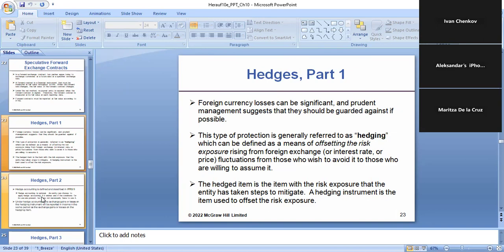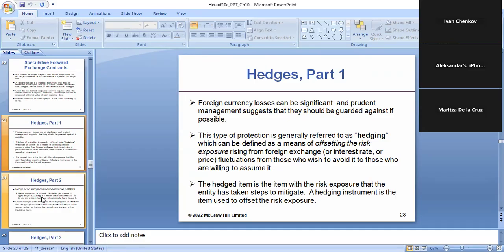Hedge item is the item with the risk exposure that the entity has taken steps to mitigate. So if the US dollar is the one that's going to fluctuate, and the US dollar is the one we want to offset the risk exposure of, then the US dollar will be our hedge item.